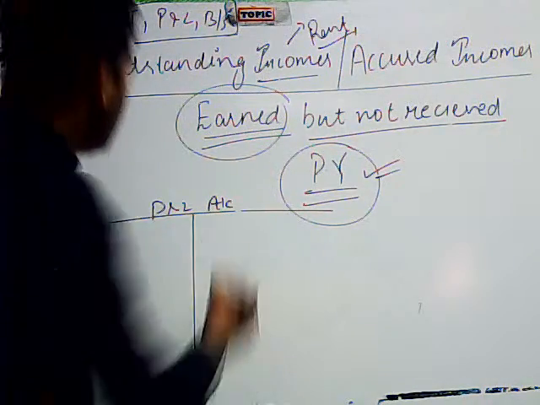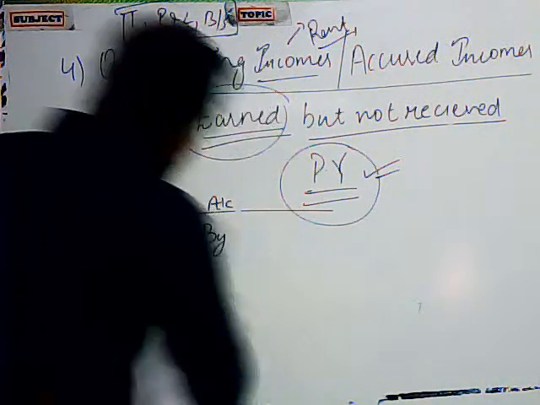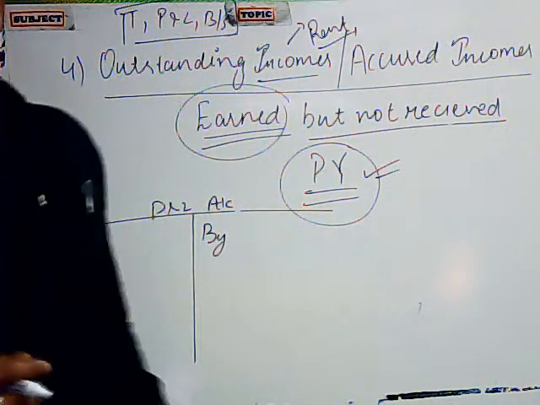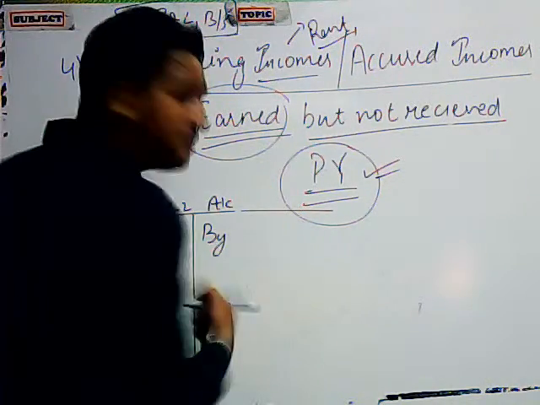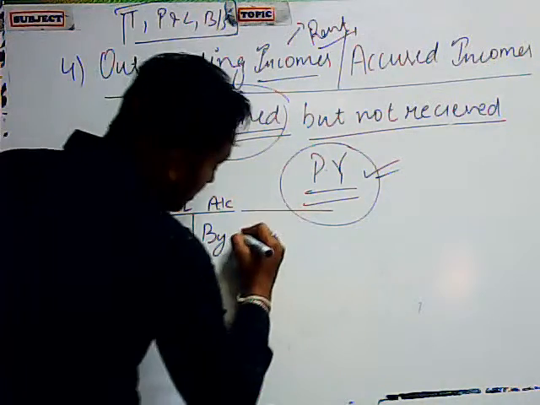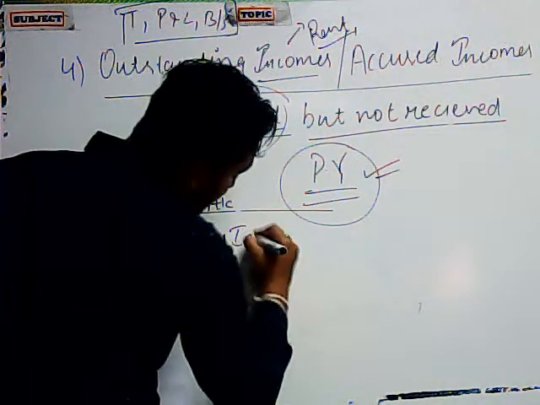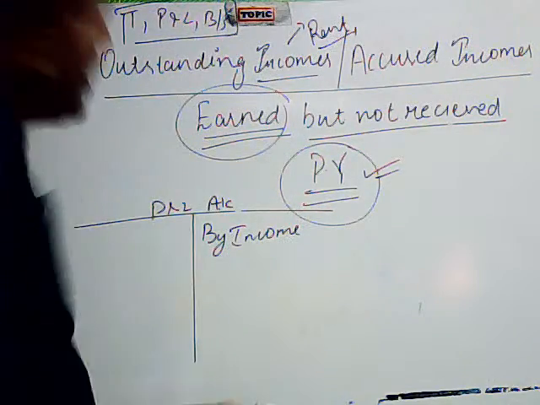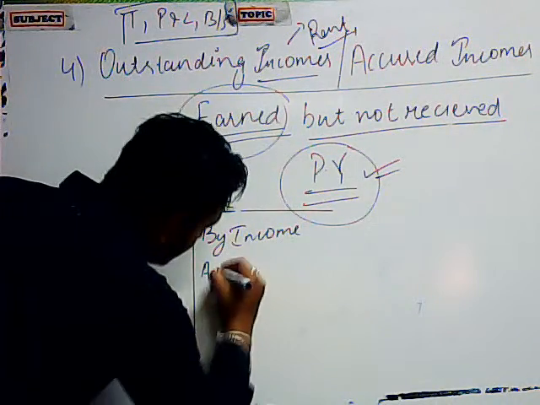Yes. Where we know that a particular income is there, that you have received something. For example, you have received some salary or some commission. So the particular accrued income mentioned here, you have to add under this.